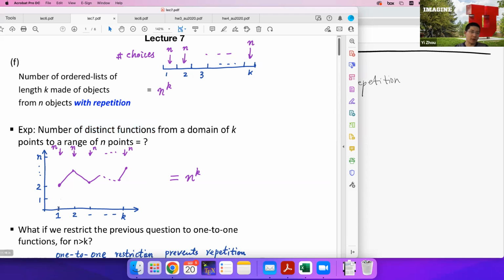In order to create a function, you have to assign a value to the function at each position. So for every single point in the domain, you have n different choices, and for the second point, you can also choose from these n different values. So in total, you have n to the power of k different functions.